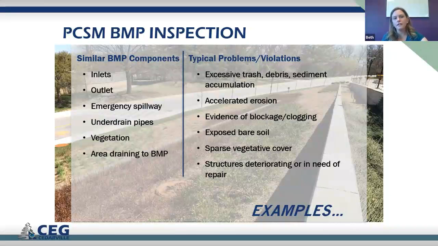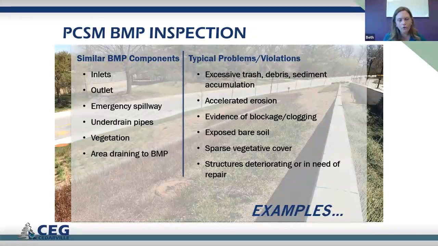Okay, so here are just generally, if you have a stormwater basin that's an infiltration basin, if you have a retention basin or a wet pond, if you have a seepage bed, if you have a rain garden, a lot of these components are part of all different types of BMPs. There's a way for the water to go in, there's a way for the water to go out.